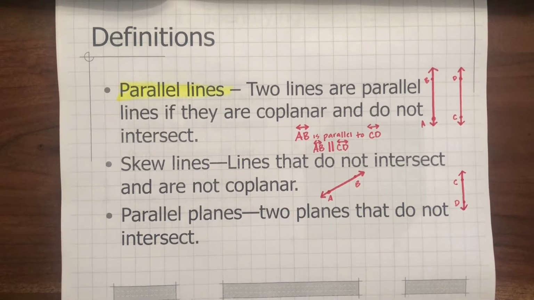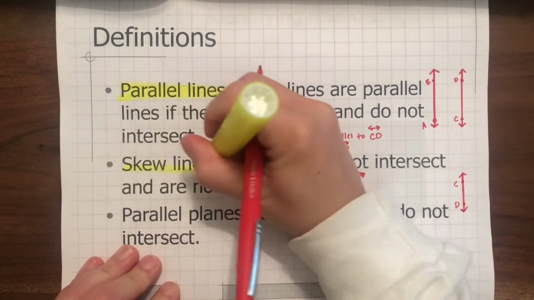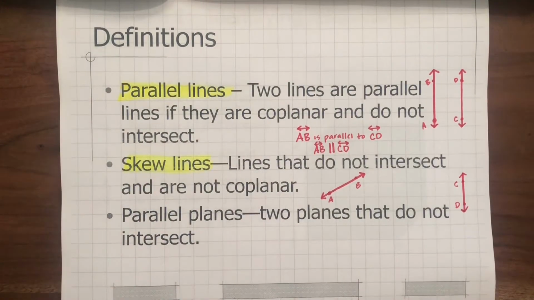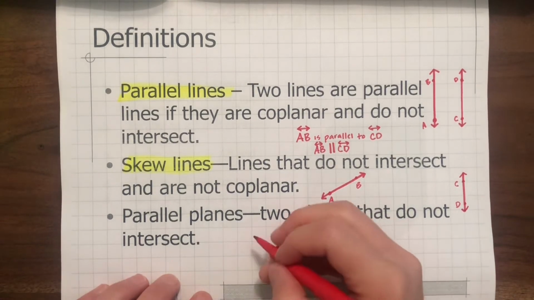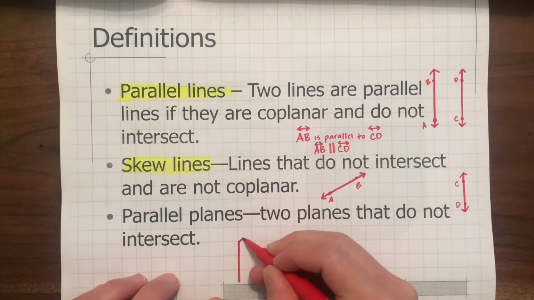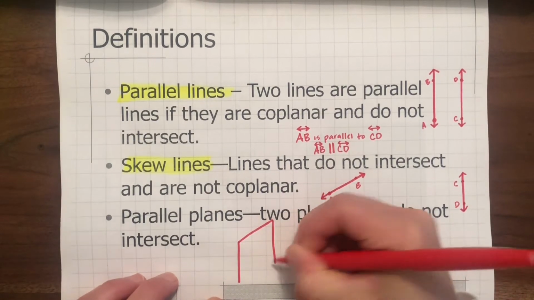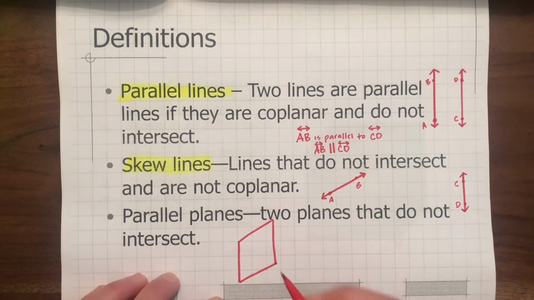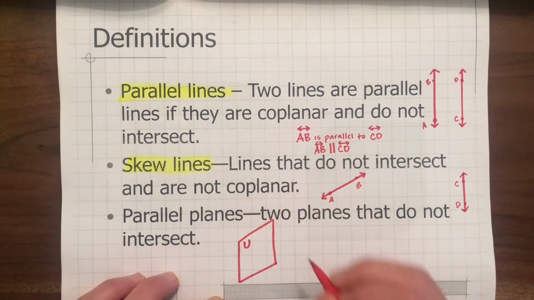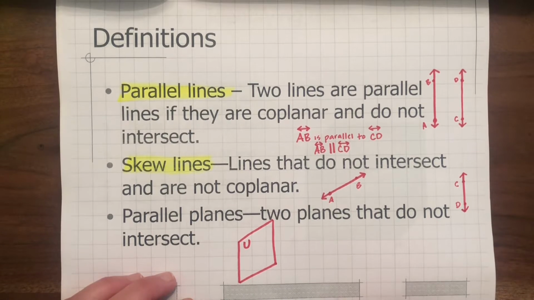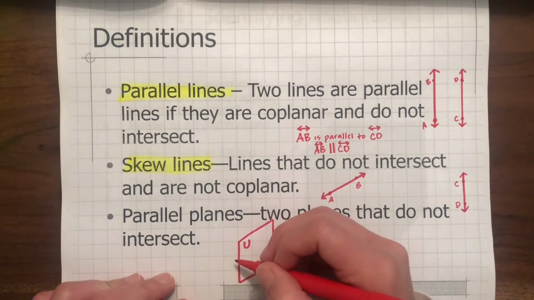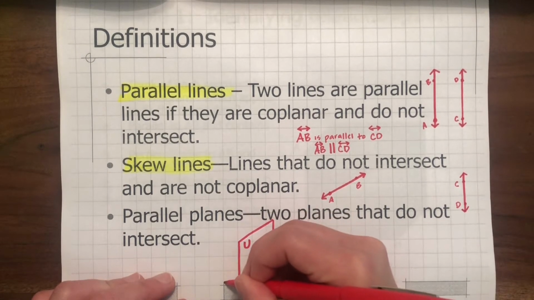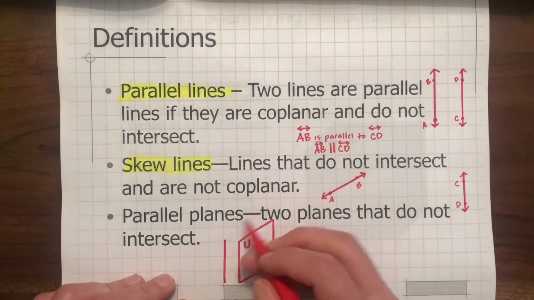And then the third one is two planes that do not intersect, parallel planes. So basically, let's say we'll draw a plane here. Remember, a plane is this two-dimensional figure. And we're going to call this plane U. Okay. And then we're going to have another plane. They're parallel, so they're the same size.